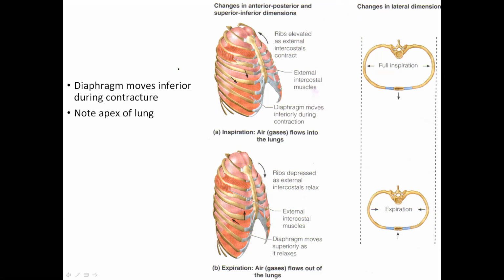So going back to your A&P 1, origin, insertion, right? Origin is the moving part, insertion is the non-moving part. Well, what do you do when a muscle is attached to the same thing, rib to rib? Well, it's the more movable rib, right? The way you can look at it is it grabs the bottom rib and pulls it up and out. So that's what the external intercostals do.